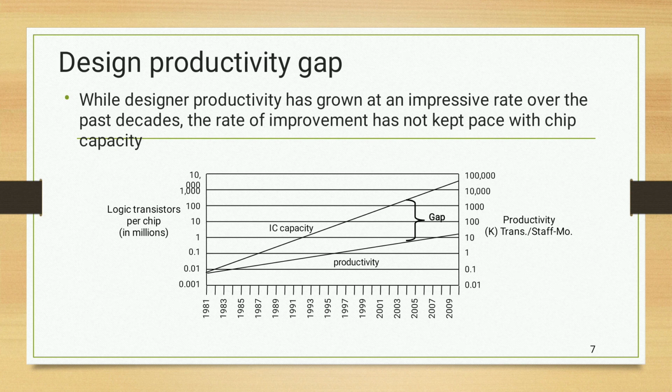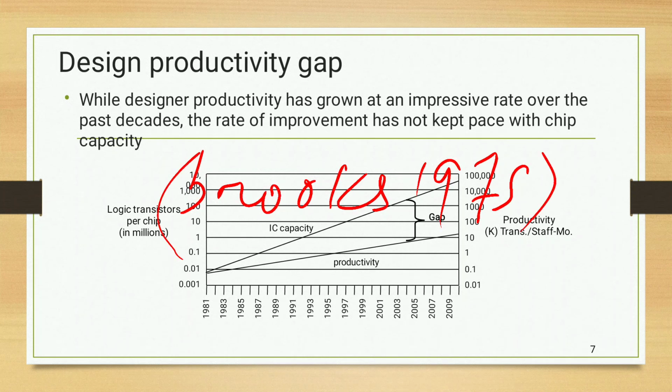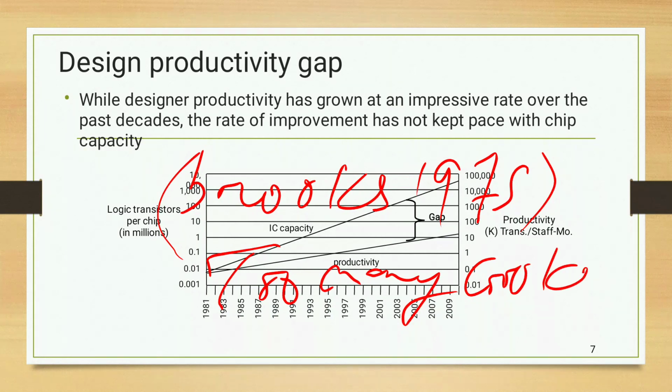In the software community this is known as the mythical man month, that is Brooks, in 1975. At some point adding designers can actually lengthen project completion time, that is, too many cooks.